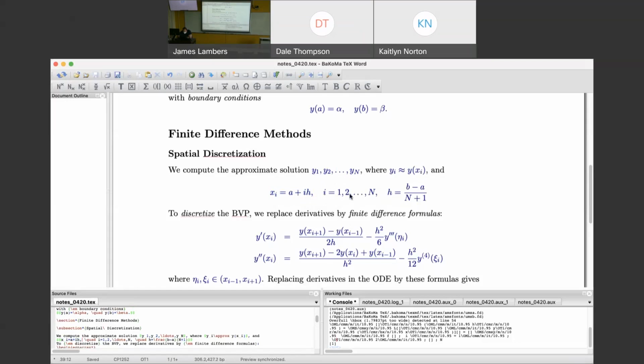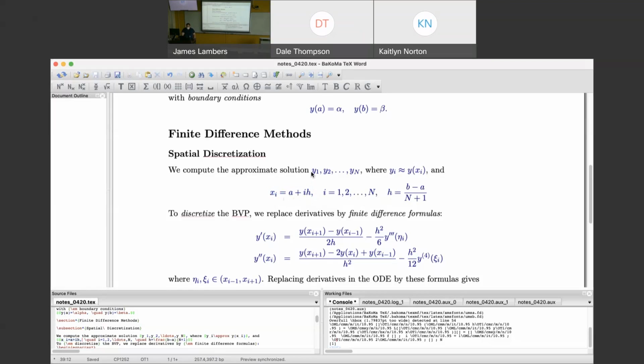So if I let i go from 1 to n, and I use this spacing, so as before, the interval AB is divided into n plus 1 subintervals of equal width, then these points are equally spaced points that lie within the interior of AB. So the boundary points are excluded from this set.